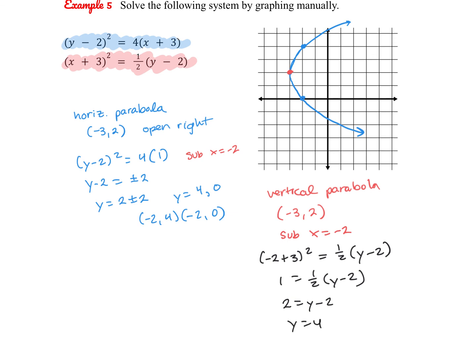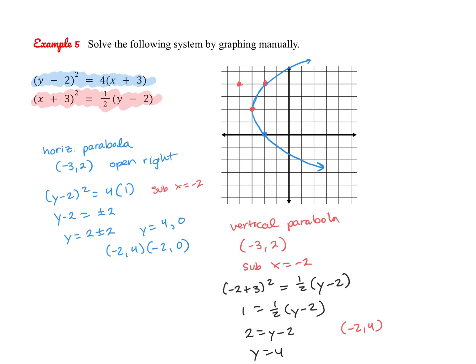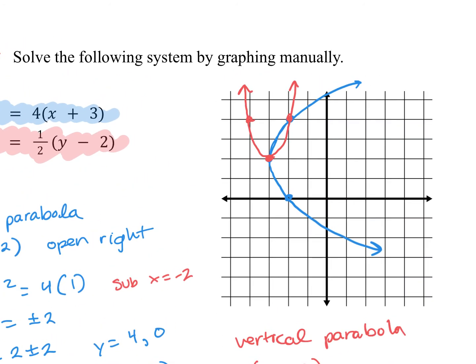So we get the coordinate (-2, 4). And we can, of course, reflect this to the other side of our axis of symmetry. But in doing so, we can already see that we have our two points of intersection.